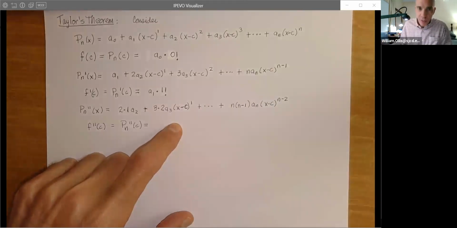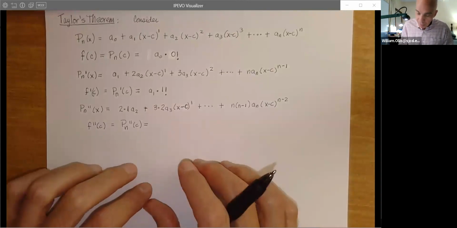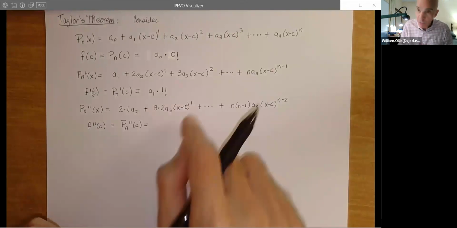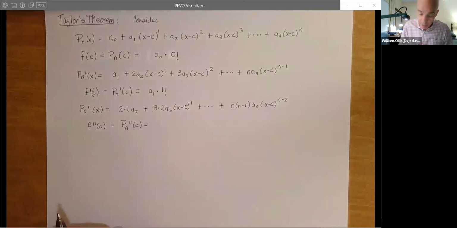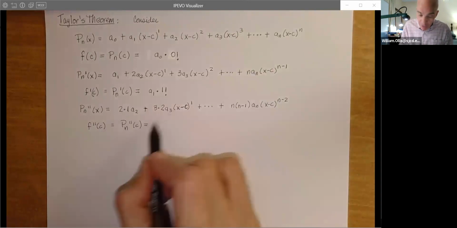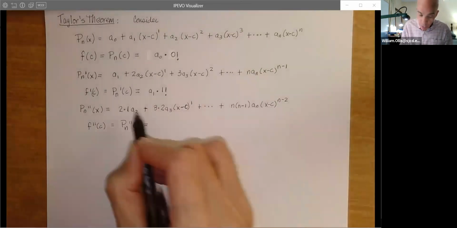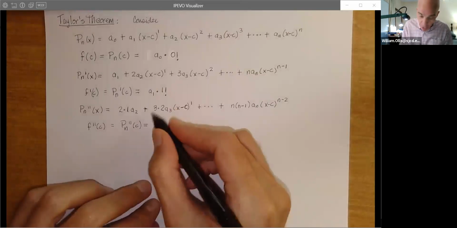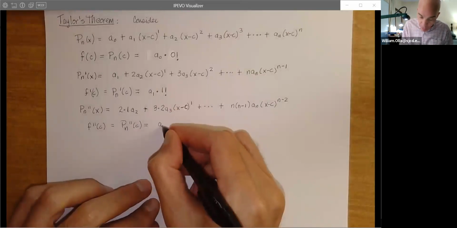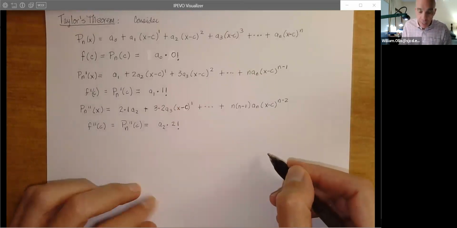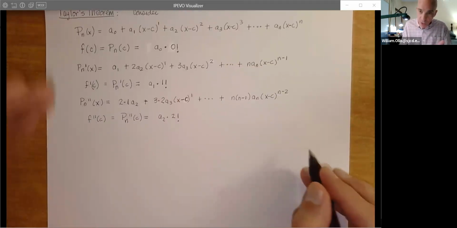It tells us when we make typos, and we are human, but that's why I'm training you to write all of your work out so that you can find the mistake and fix it. So now when we evaluate at c, that's a 0. All of these are 0. That's a 0. And we're just left with this term here, which now I'm going to write as a sub 2 times 2 factorial.